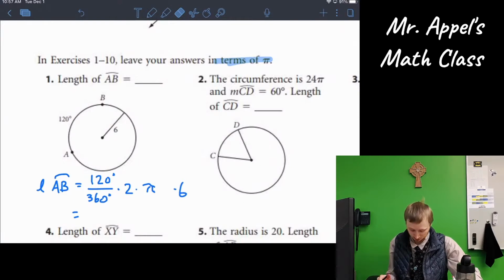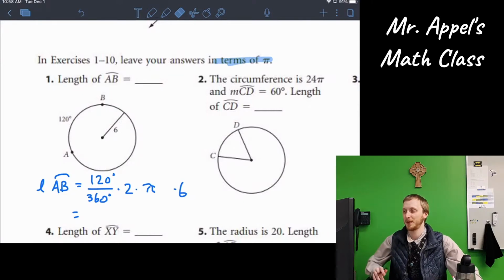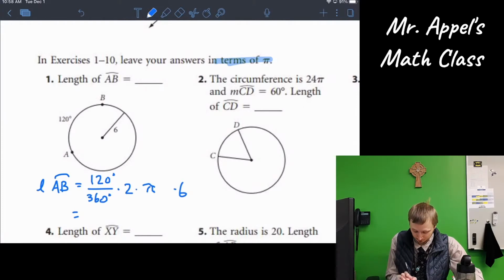Actually, 120 out of 360 is 1/3 times 2 times 6 is 12. 1/3 of 12 is 4. It is 4 pi. There you go. So that is how you will write your answer.